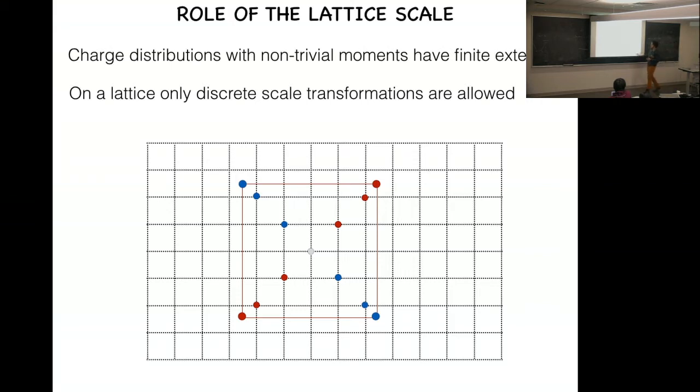And these discrete scale transformations are determined by the lattice size. So for example, if I take this configuration and scale it so that this 1,1 charge becomes positioned at 2,2, then this is an allowed scaling transformation. But if I scale it so it moves here, that's not allowed. So there is a discrete scale symmetry acting on the multipole configurations, or charge configurations, defined on the lattice.